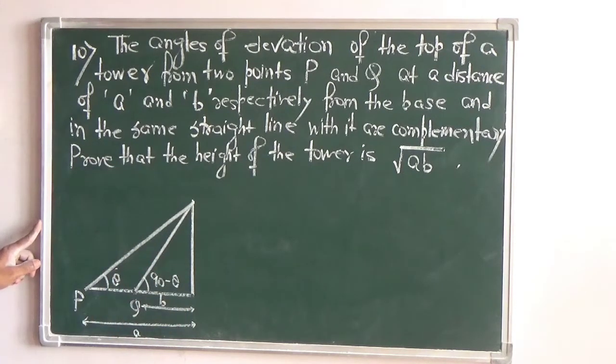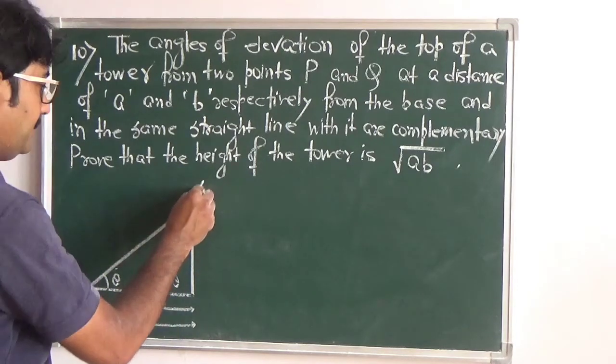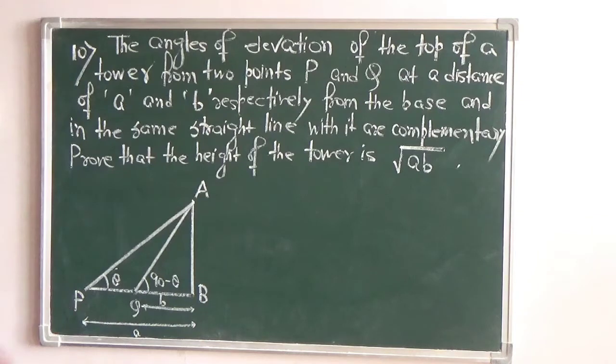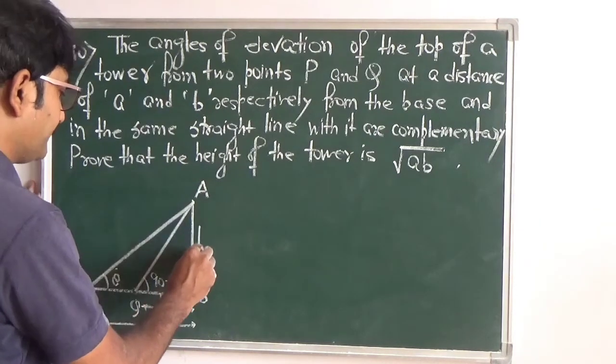So we need to find the height of the tower. Let this be A, B, Q and P. So P is at a distance of A units from B and Q is at a distance of B units from B. Let us take the height as h.